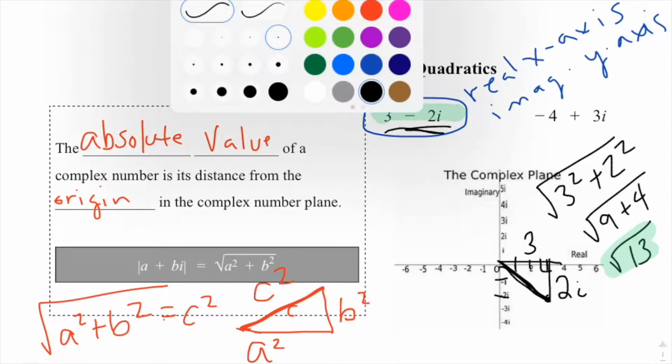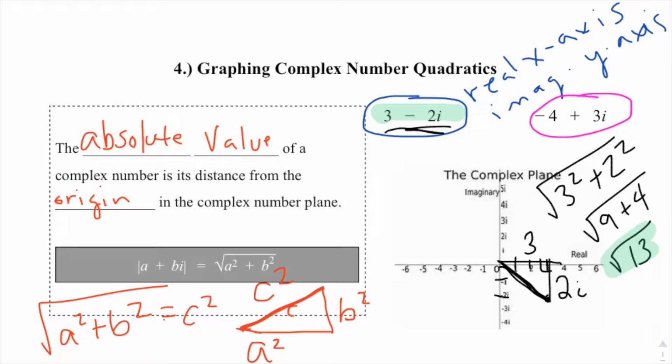And then for this complex number, if we plot it, we would go back 4 on the real axis and then up 3 on the imaginary axis. That would put our point about right there. And again, we're making a right triangle with the x-axis. That is 3 units up and 4 units back. So then we would have the square root to find the hypotenuse here.